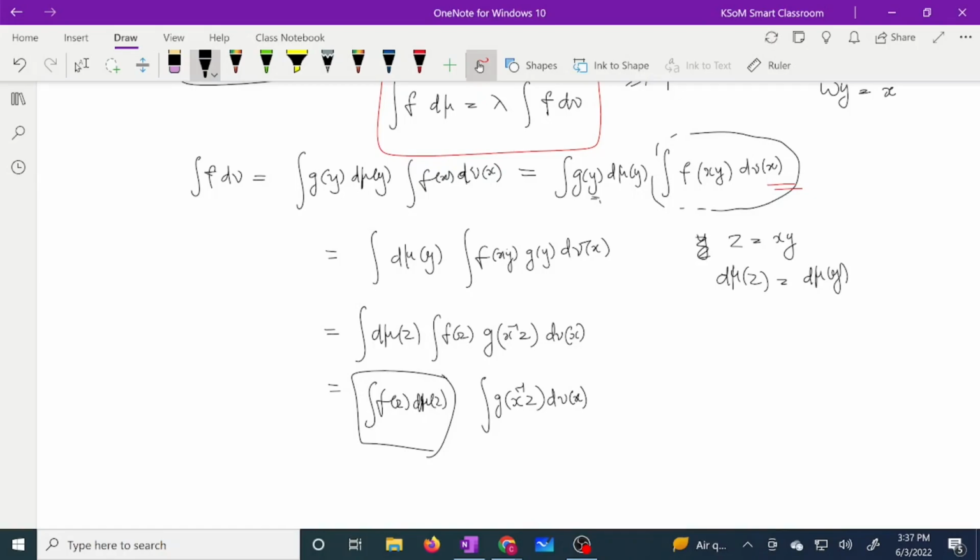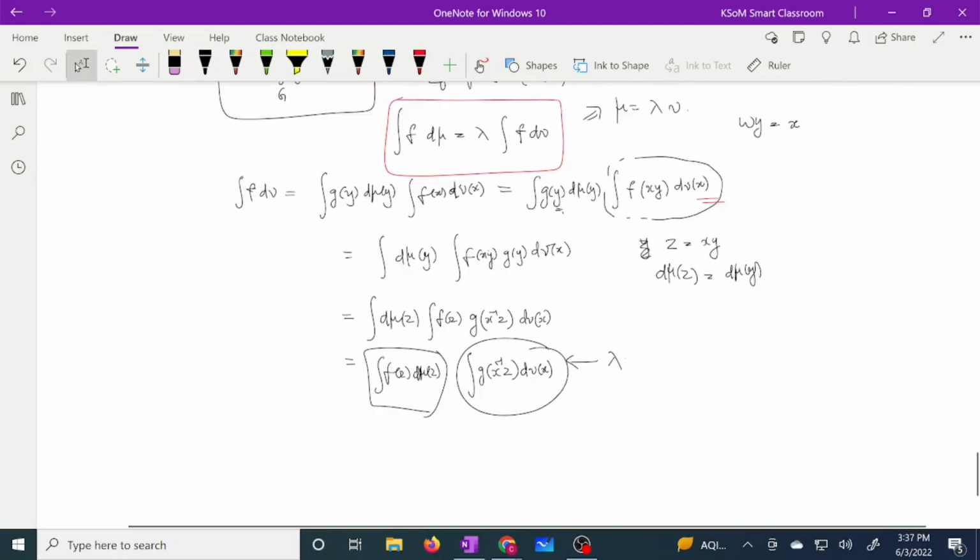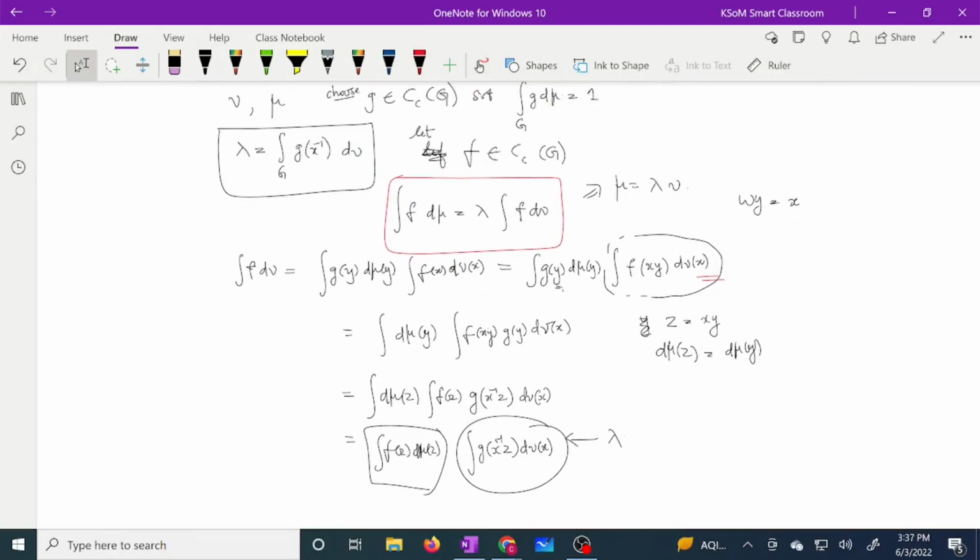Again, I am making a mistake. Here I am supposed to get lambda. There is a z coming here, but z should not be there.